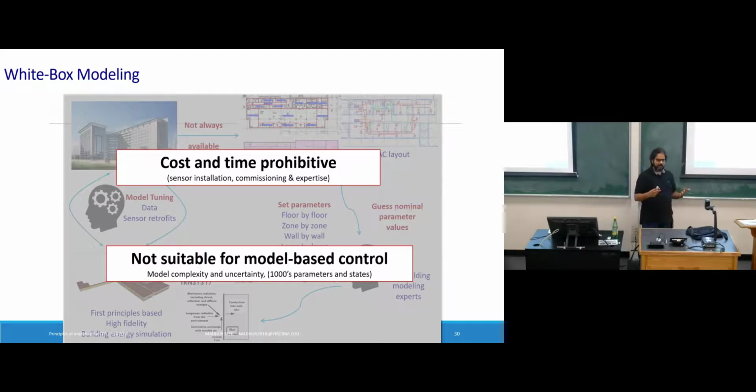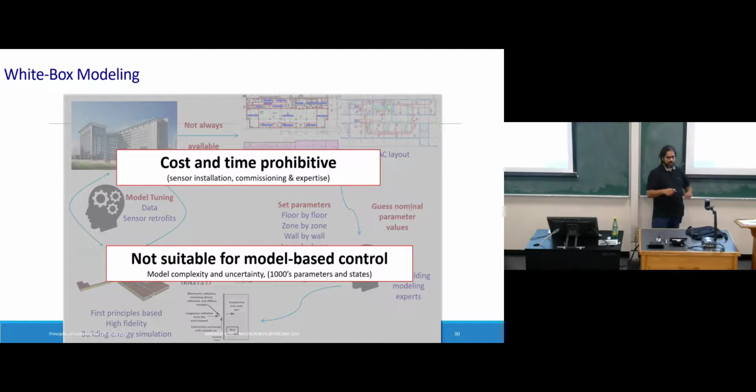Imagine how complicated it would be if you have to model the entire campus, which has hundreds of buildings. Not only that, because of the scale of the model, it has so many states, it has so many inputs and so many parameters and control values possible, it's not that suitable for MPC because of the scale.